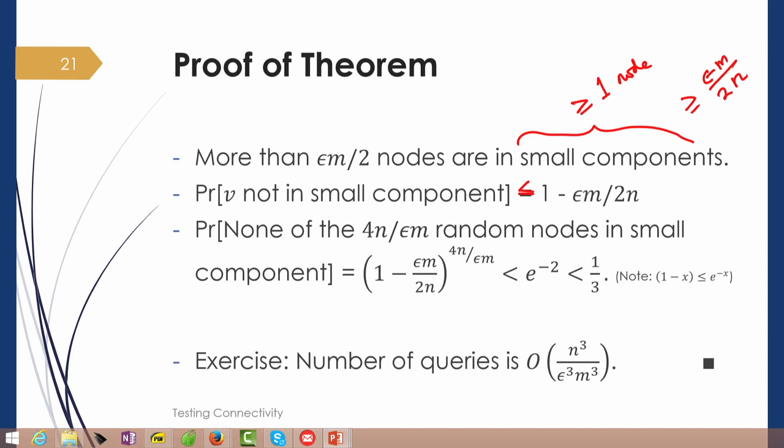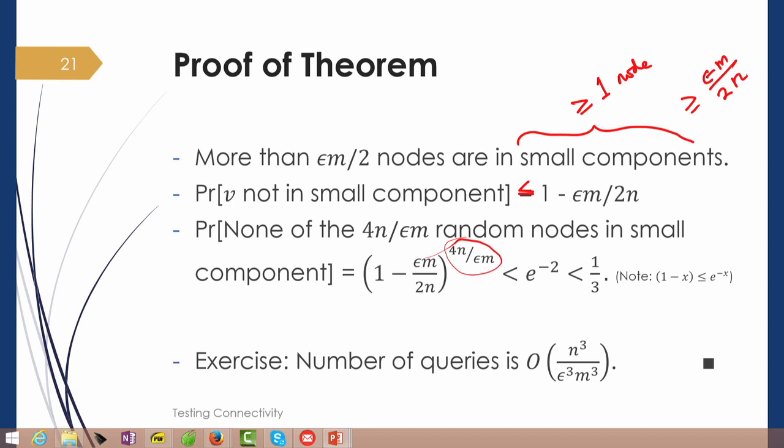Now, this is really bad because we have missed all the small components, not once, not twice, but 4n over epsilon m times. So, this is a really bad event, but what is the probability of that bad event? Well, probability that it occurs once is 1 minus epsilon m by 2n, but 4n over epsilon m number of times means that the 4n over epsilon m goes to the exponent.